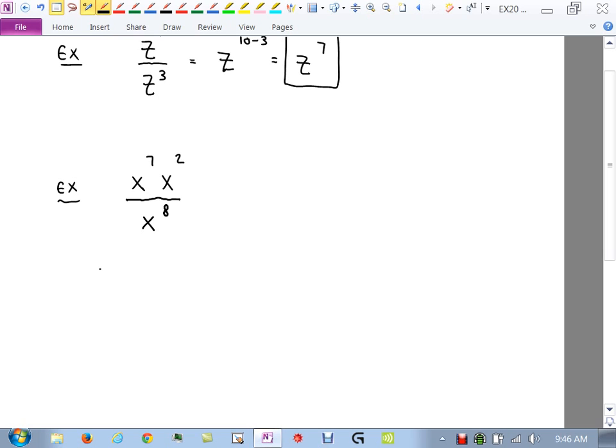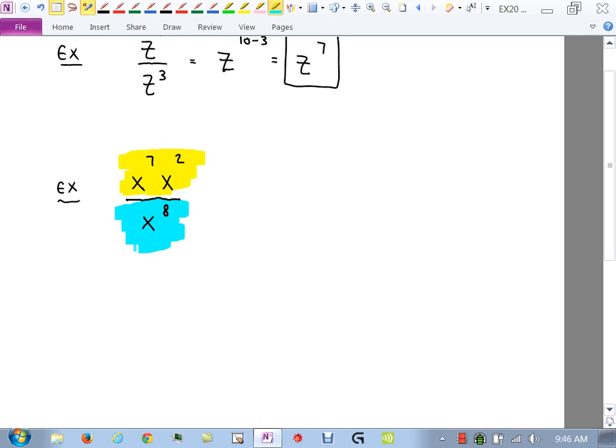Here's the way we want to work with this. I want everyone to notice that we have a fraction, right? We have a numerator, the yellow, we have a denominator, the blue, right? You can work with those separately first.